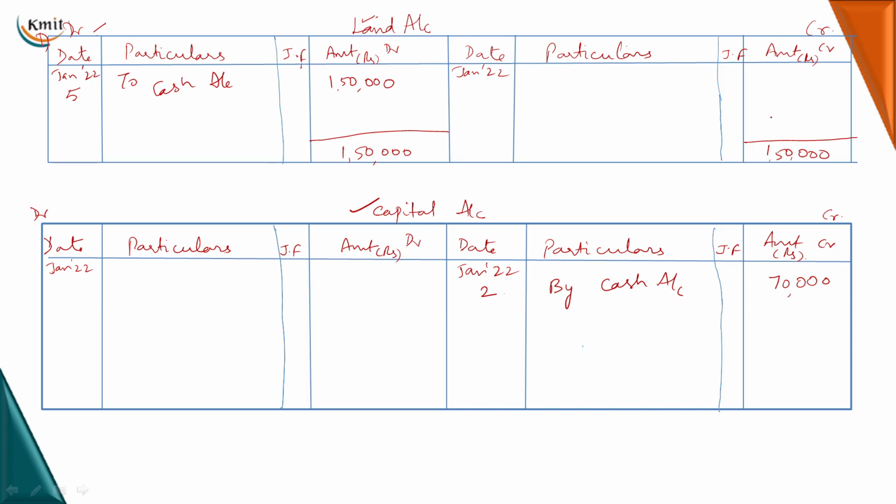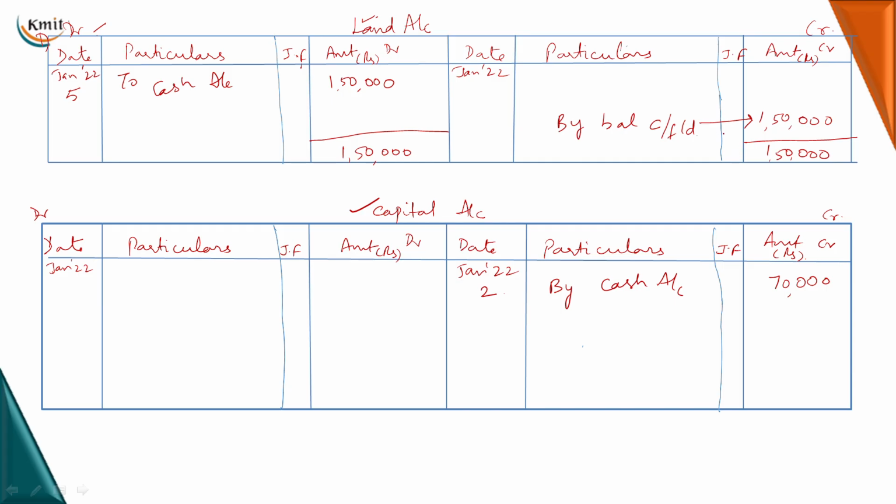So the balancing figure, how much we need to put here so that the total becomes 1,50,000? It's altogether the entire amount. Now this is what we call the balancing figure. Only then your account is balanced, right? We represent it as by balance carried forward or down, right?